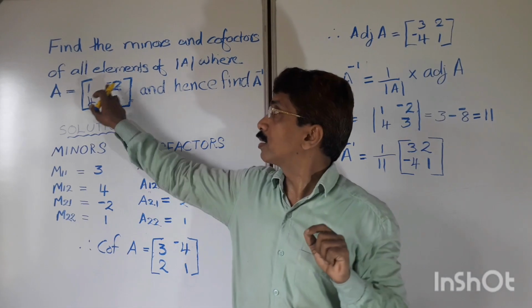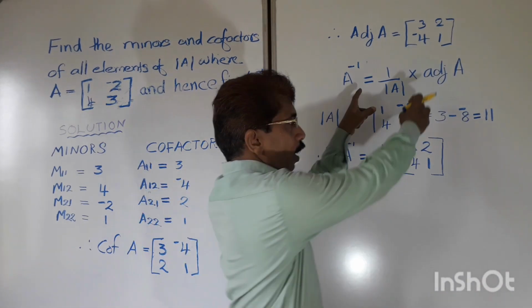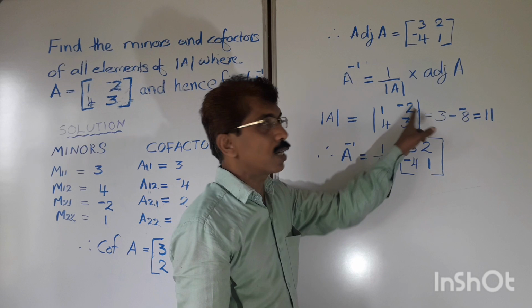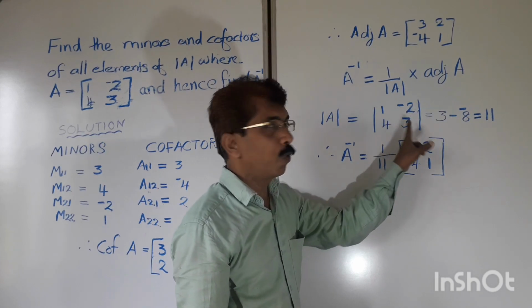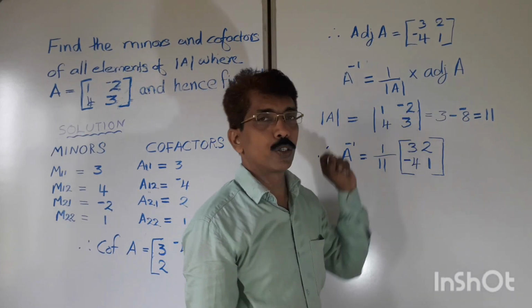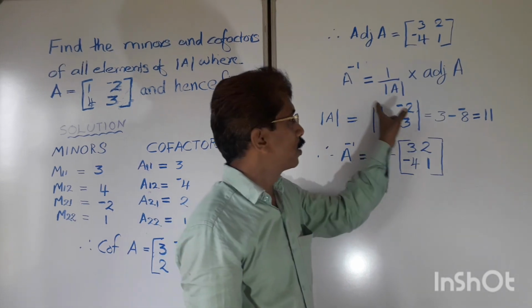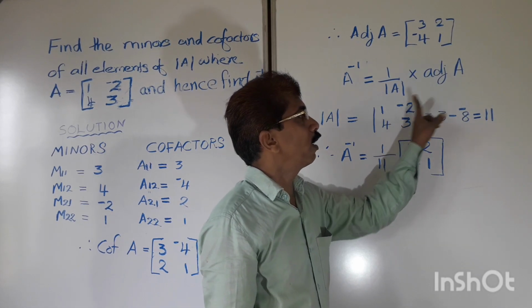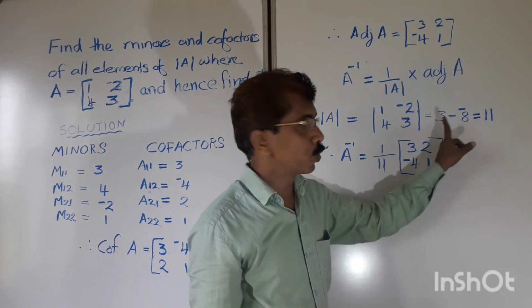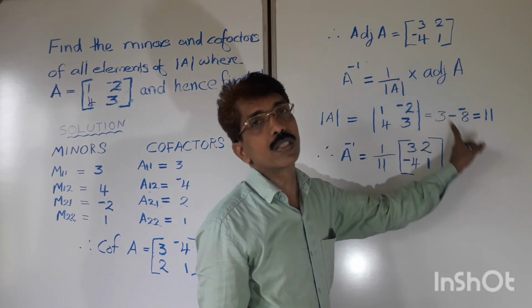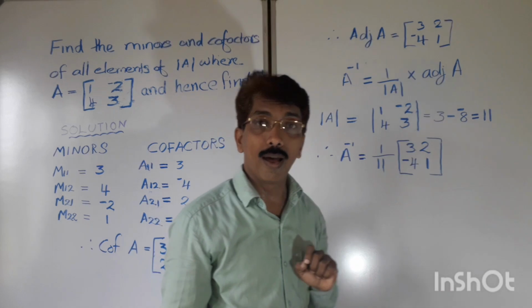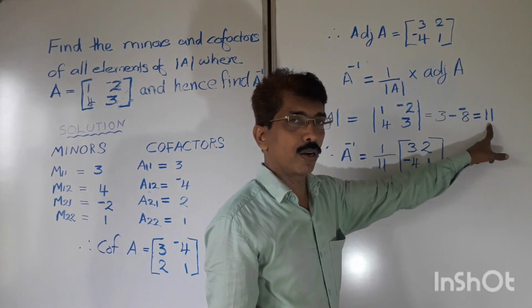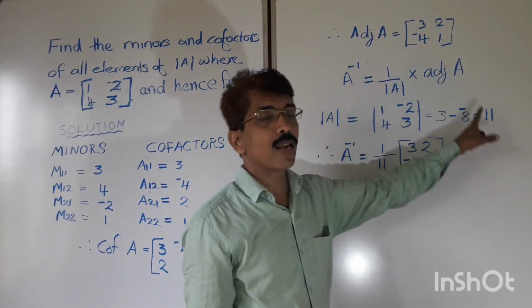You have it written here: 1, -2, 4, 3, with the determinant symbol. The determinant of a 2 by 2 matrix is very easy. Just multiply 1 into 3, which is 3, minus 4 into -2, which is -8. So 3 minus -8 is 3 plus 8, which equals 11. So the determinant of A is 11.